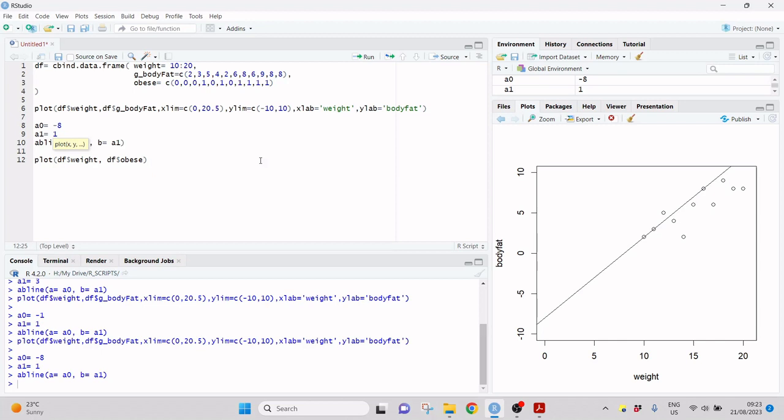We can again say ylab obesity status, and I'll just make the labeling for the y-axis a bit different.